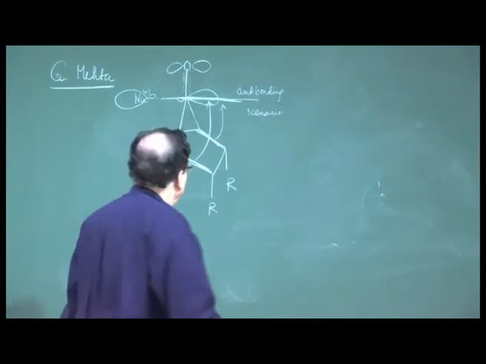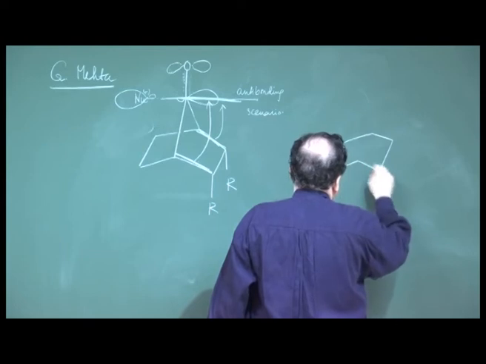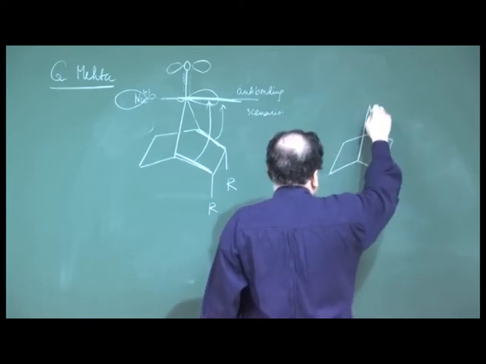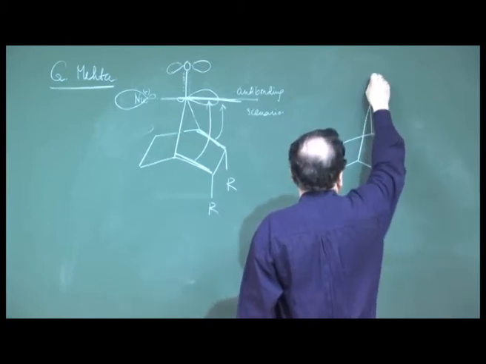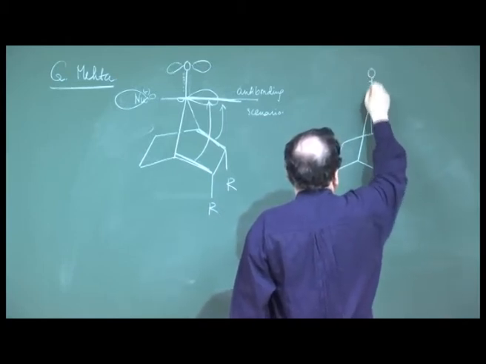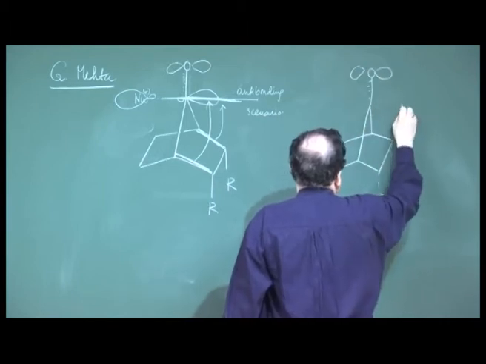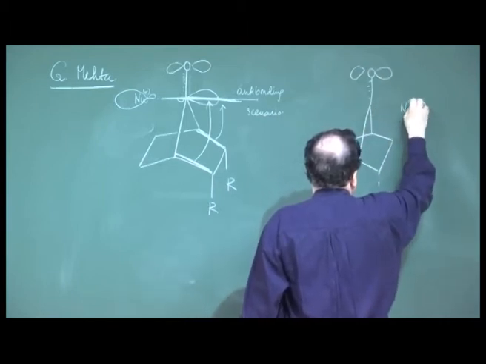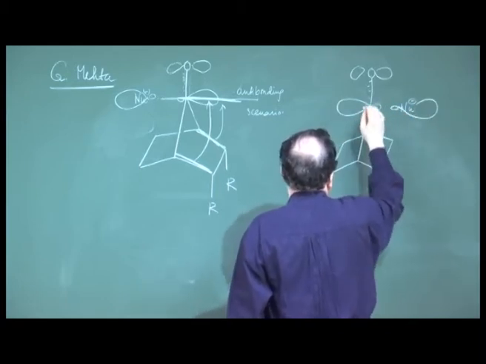Okay. On the other hand, if the attack takes place from the other side, then what happens? So that is the nucleophile. So there will be a small orbital and there will be a bigger orbital.